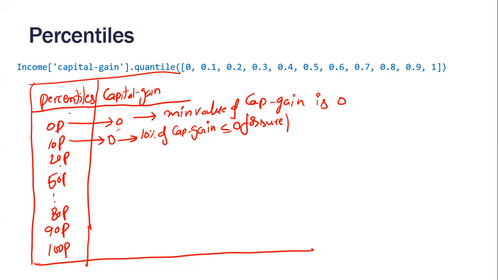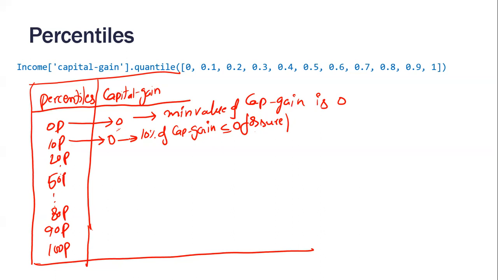Confirm that to me. The 10 percentile value is 0. From there, I am making the statement that 10% of capital gain is less than or equal to 0.